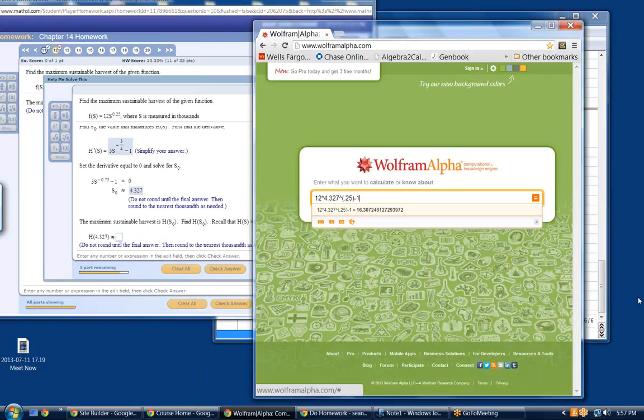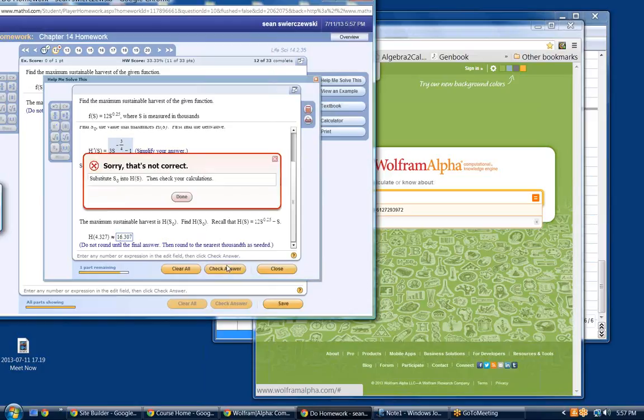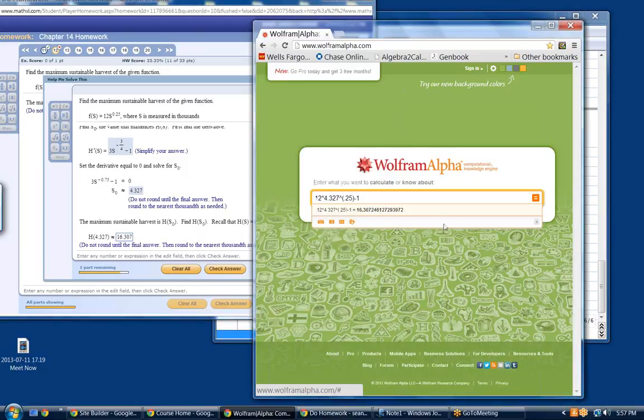So now we've got 16.307. The harvest function is that minus s, not minus 1, minus s, 4.327.